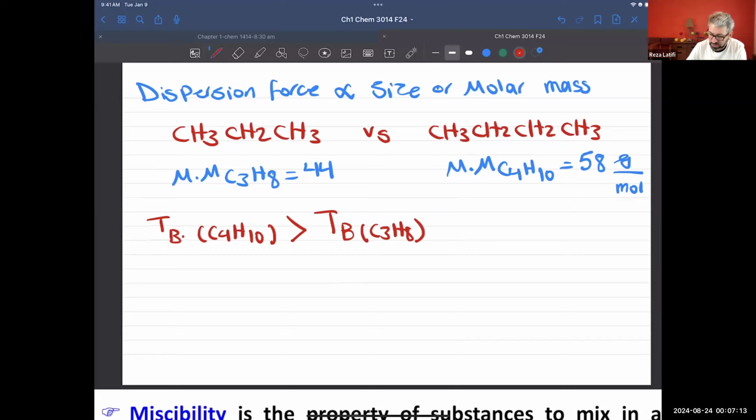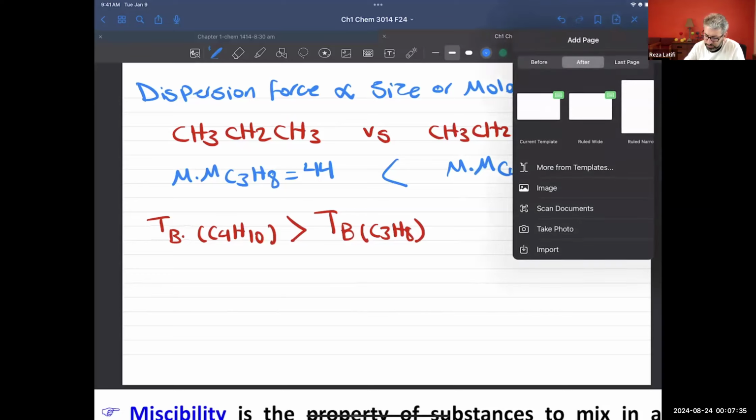Why? Because it has higher dispersion force. The dispersion force for butane is higher than for propane. As the molar mass goes up, dispersion force goes up, and the boiling temperature follows it.